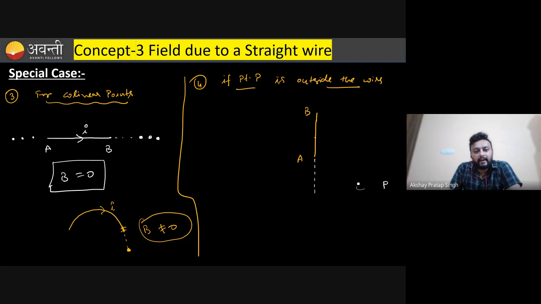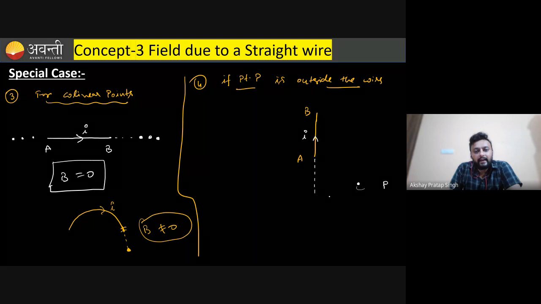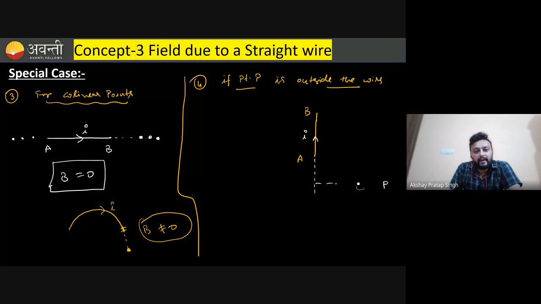Current is only in this part from A to B. You have extended this part to draw the perpendicular, and now you have drawn it. So this perpendicular distance is known as A. I think this point is clear from what I was discussing previously. What is A? A is the perpendicular distance.